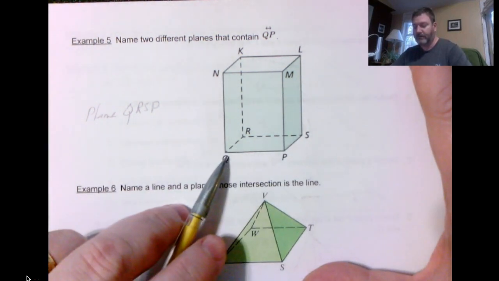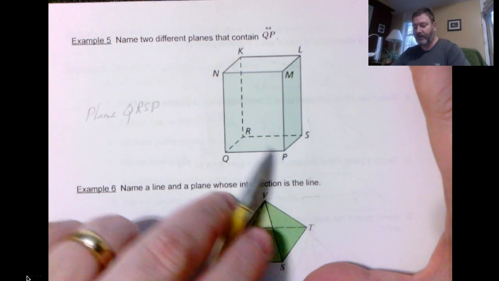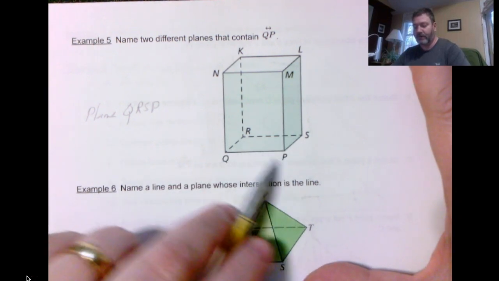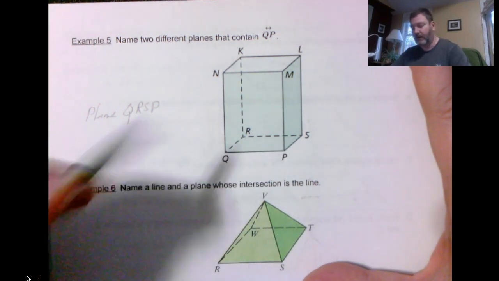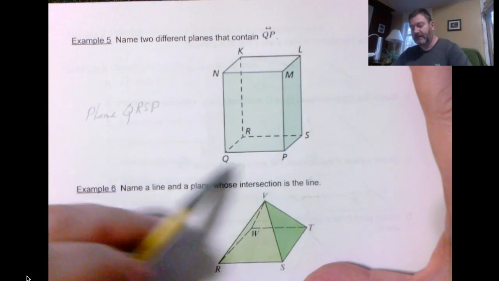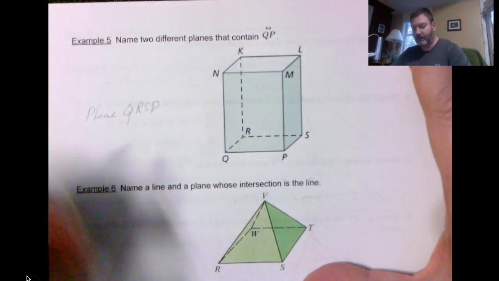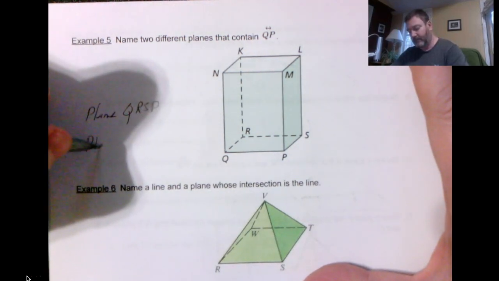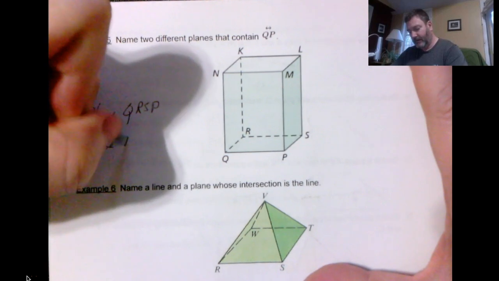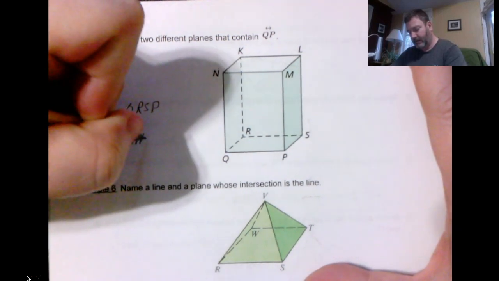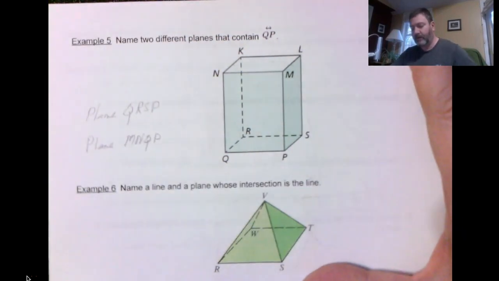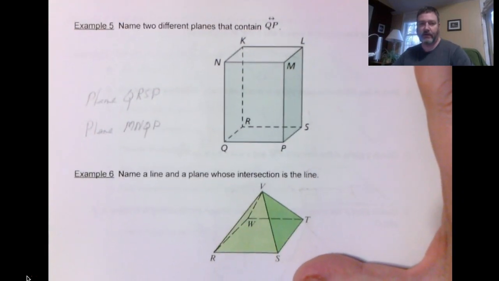What I didn't want to do was go QSPR. You don't want to start going across. Another plane that contains line QP is plane MNQP, the front of the cube here. And there's two different planes that contain line QP.